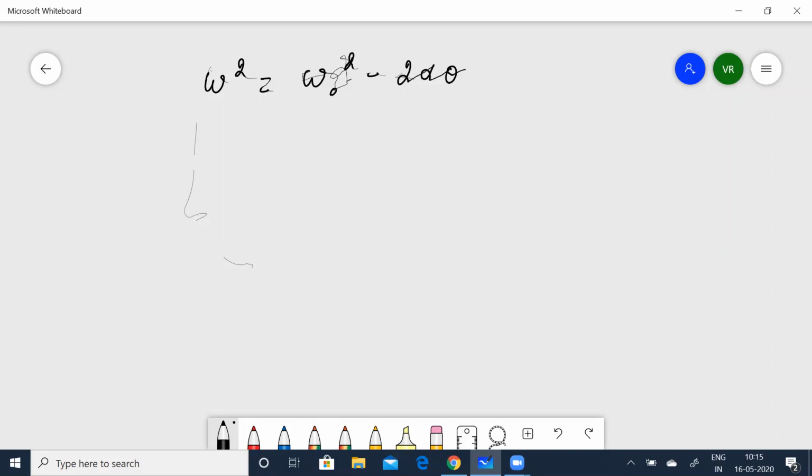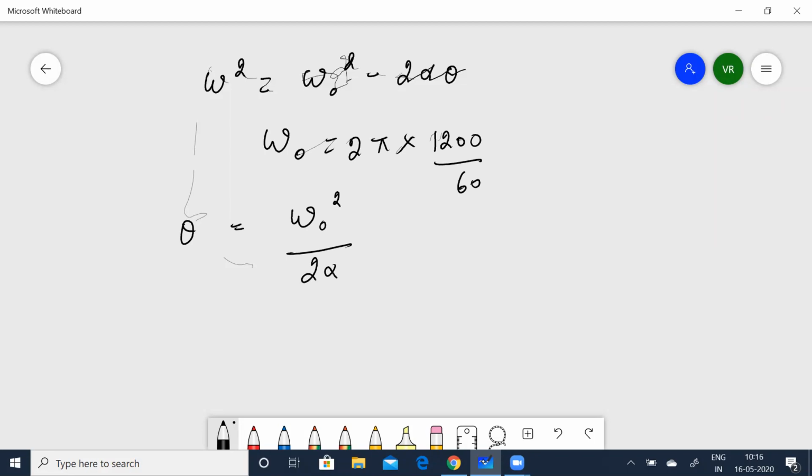Now given omega 0 is equal to 2 pi into 1200 divided by 60, which you can keep as it is. We need to calculate theta, which is equal to omega 0 squared by 2 alpha, because the final omega is going to be 0.